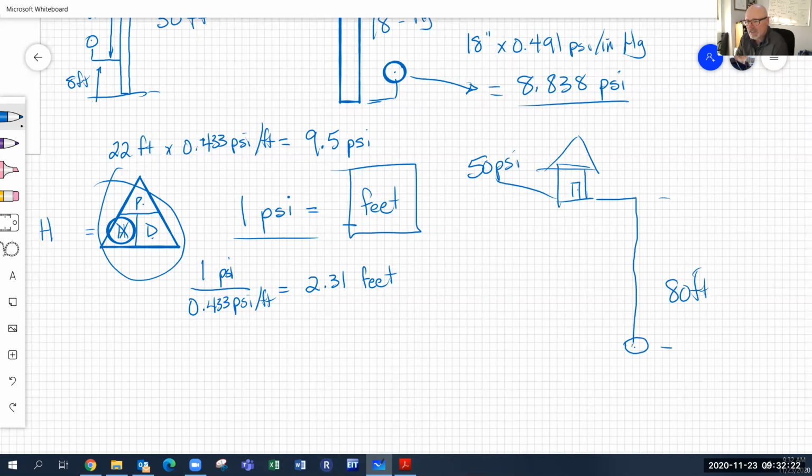If I had this well that's 80 feet deep, how much pressure does the pump down in the bottom of my well have to produce for me to get 50 PSI in my house?